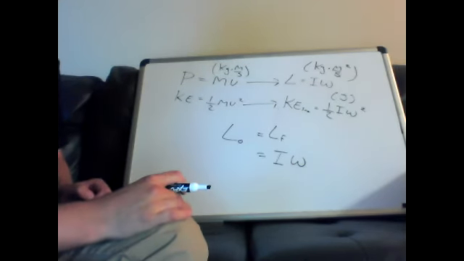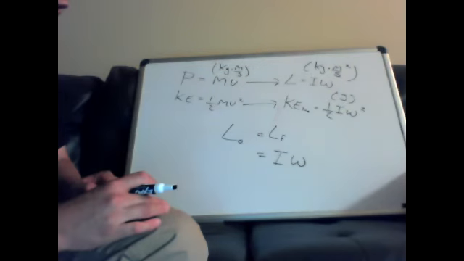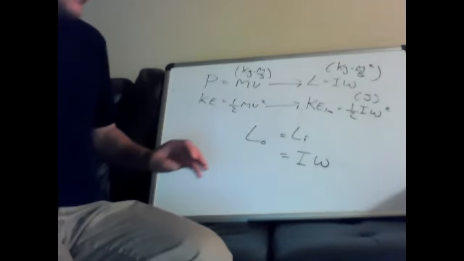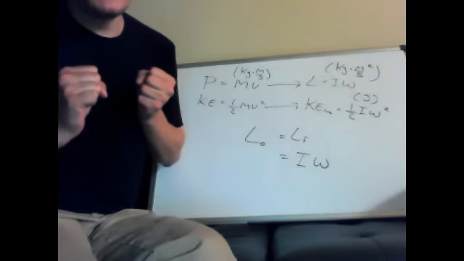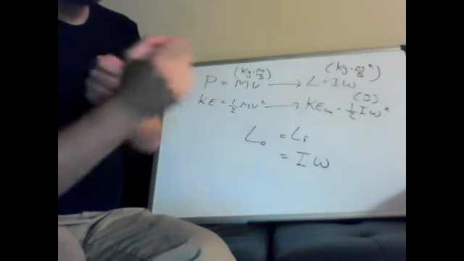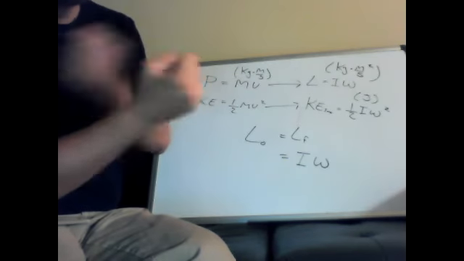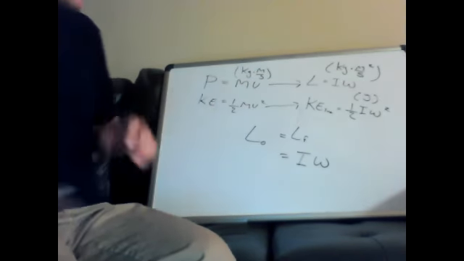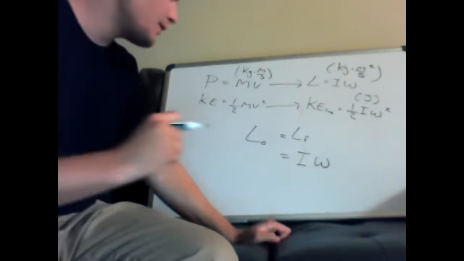What happens if we decrease one of these values? For instance, if you've ever seen a figure skater rotating and they pull their arms in, their angular velocity is going to increase. They'll start spinning faster. If they extend their arms, their angular velocity will go down, because of conservation of angular momentum.